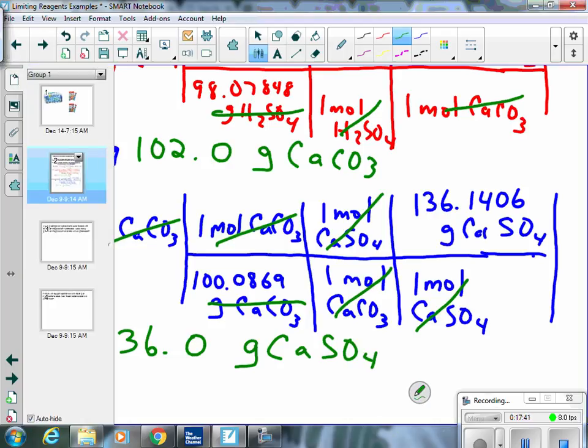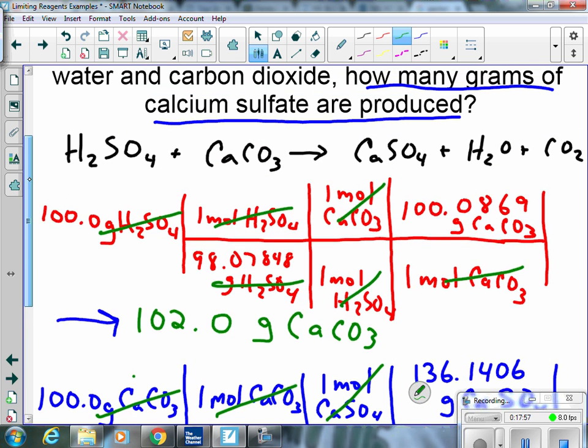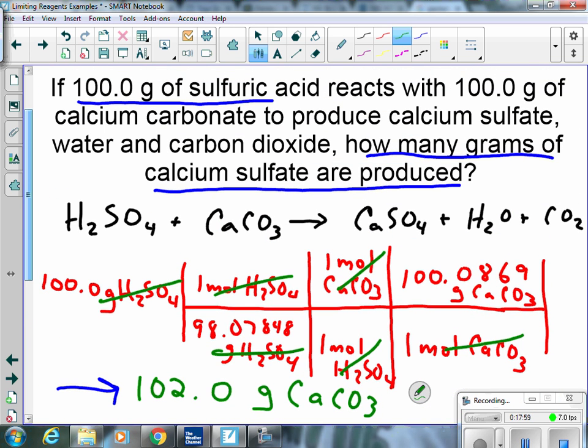Let's work another one. Okay. I needed to determine, once again, okay, let's go back here. I needed to find out which one was totally used up and which one had some left over. Which got totally used up?